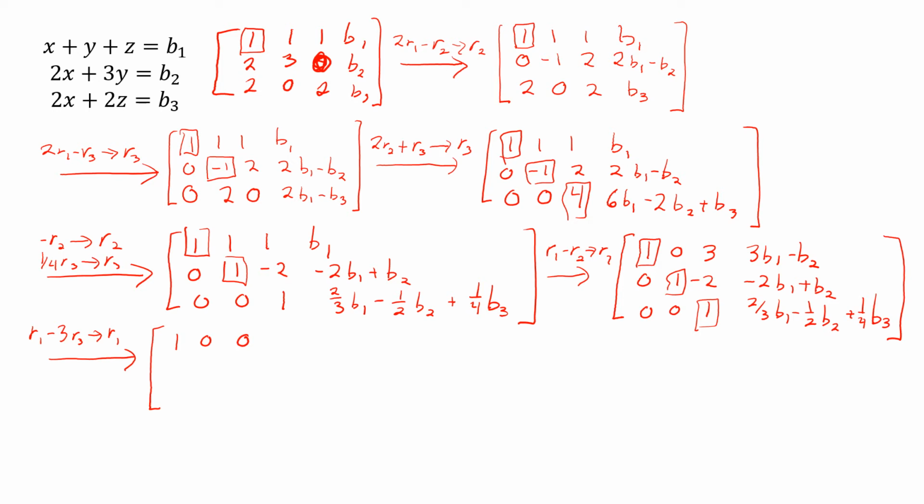Row 1 minus 3 times the third one, that's going to be 3b1 minus 2b1, so b1, minus 3 plus 3 over 2, that becomes minus 3 over 2 b2, and then minus 3 over 4 b3. There's our first row. 0, 1, negative 2, and this one stays the same, and our final one stays the same.